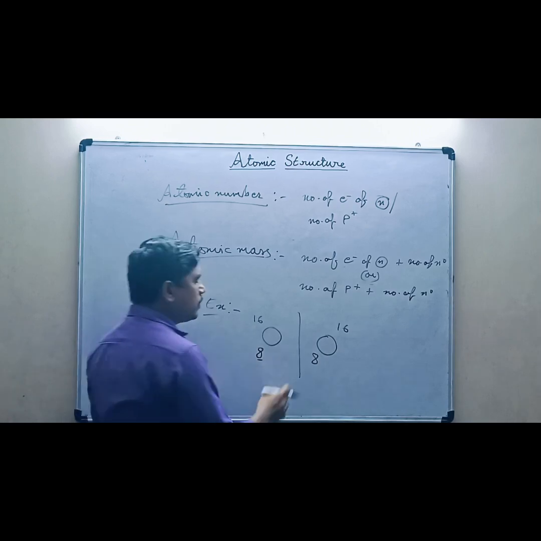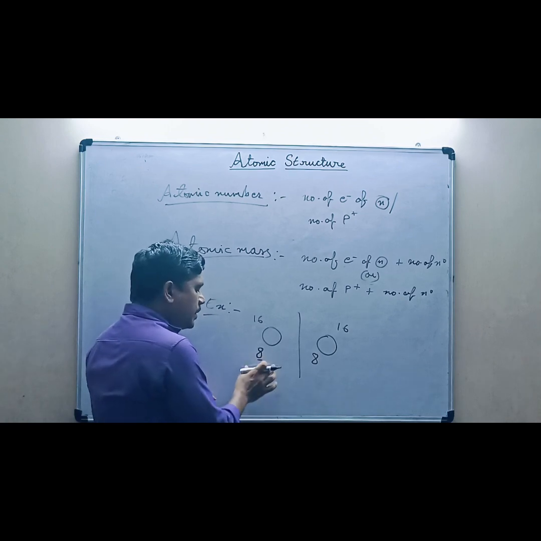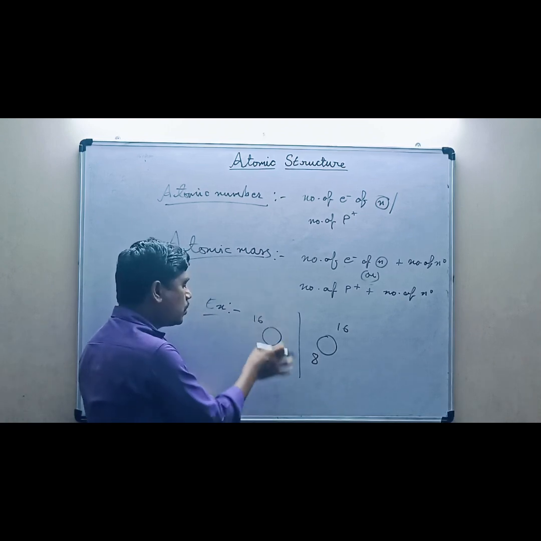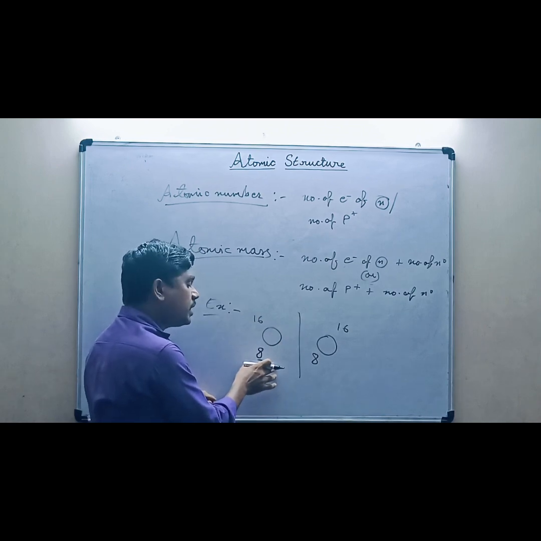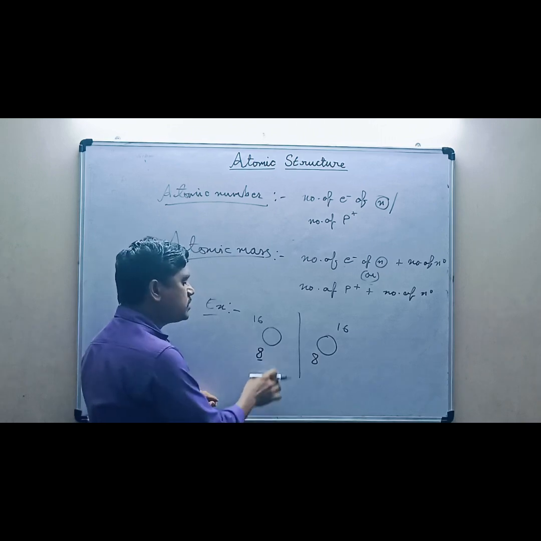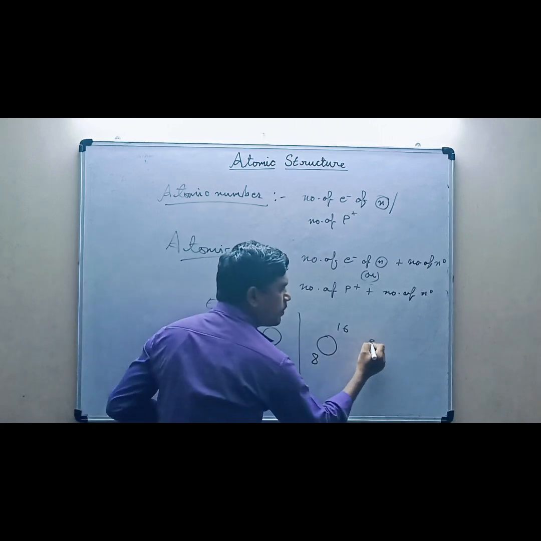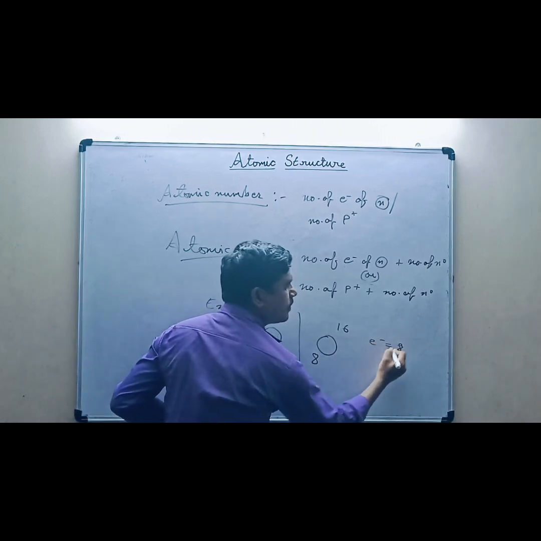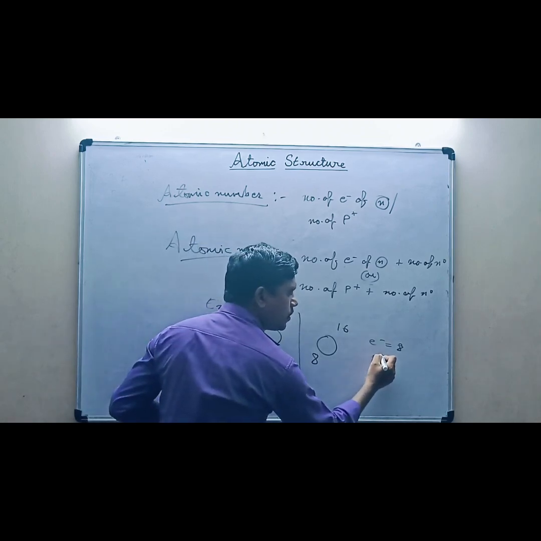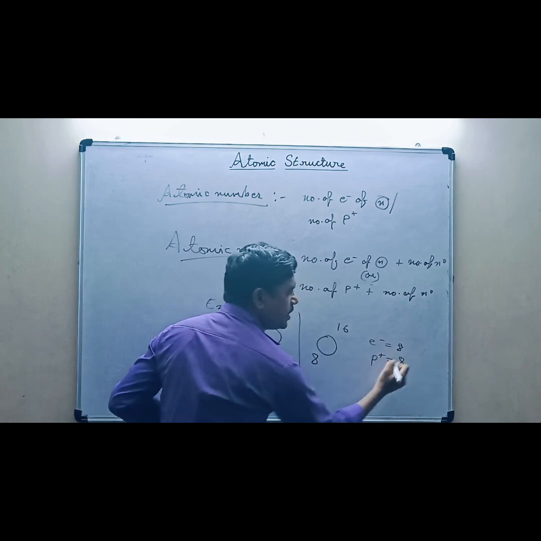Okay, now atomic number is mentioned here, mass number is mentioned here. As I told you, atomic number is the number of electrons or the number of protons. As it is a neutral atom, the number of electrons is 8 and the number of protons is also 8.